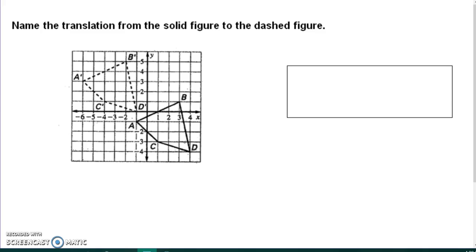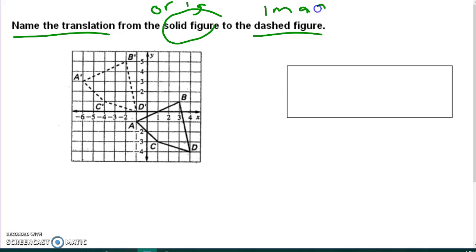Okay. So here when it says to name the translation from the solid figure, that's our original, to the dashed figure, that'll be our image, that means to write the rule. So x, y, so the original coordinates, are going to translate by, let's take a look here.